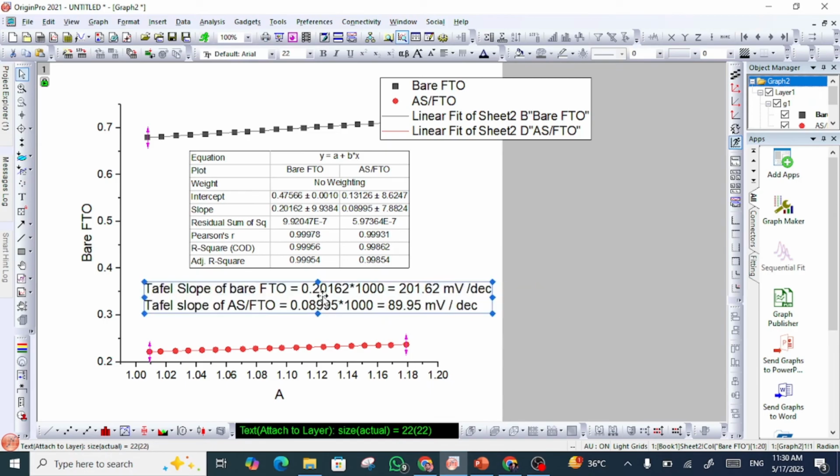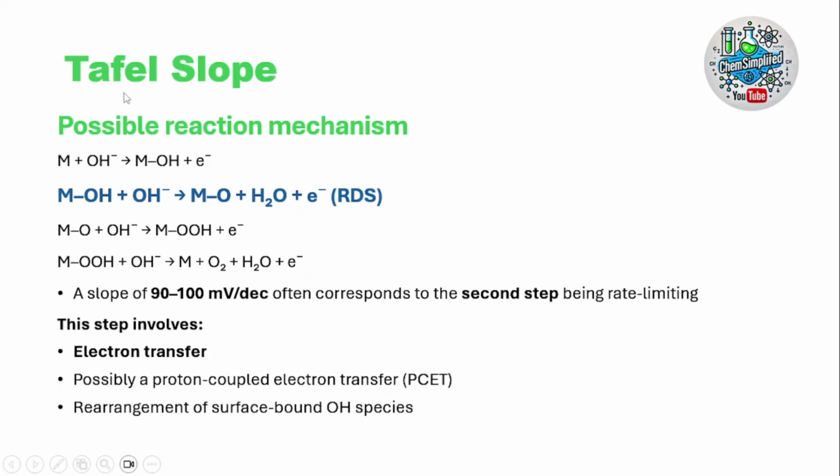This lower Tafel slope value for AS deposited on FTO shows that this material has shown faster reaction kinetics as compared to the bare FTO, which supports our good electrocatalytic activity for OER of this material. A possible reaction mechanism is a four-step mechanism.